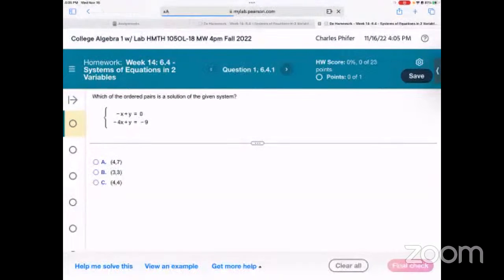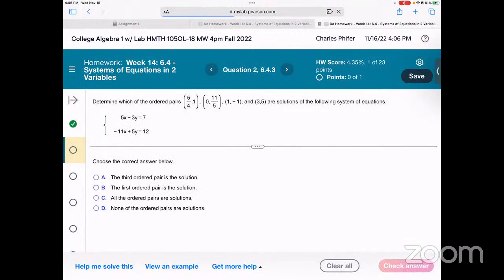So it says, which of the ordered pairs is a solution of the given system? All right. So I'm just going to guess and check for right now. When x is 4 and y is 7, so -4 plus 7 is not 0, so it's not A. -3 plus 3 is 0. -12 plus 3 is indeed -9. So I'm just going to go with B and submit that.